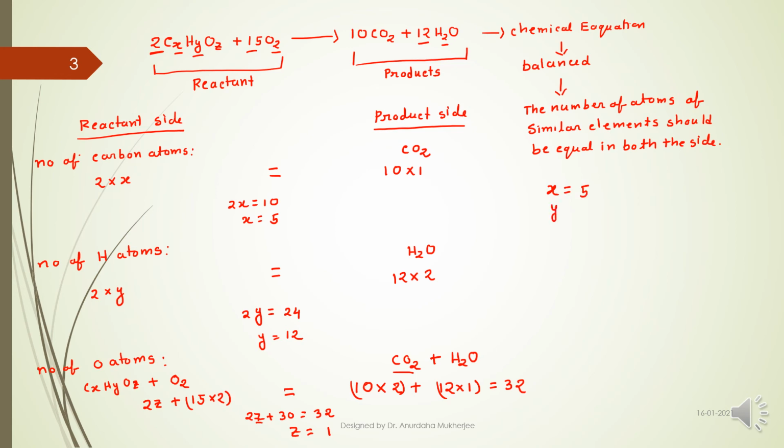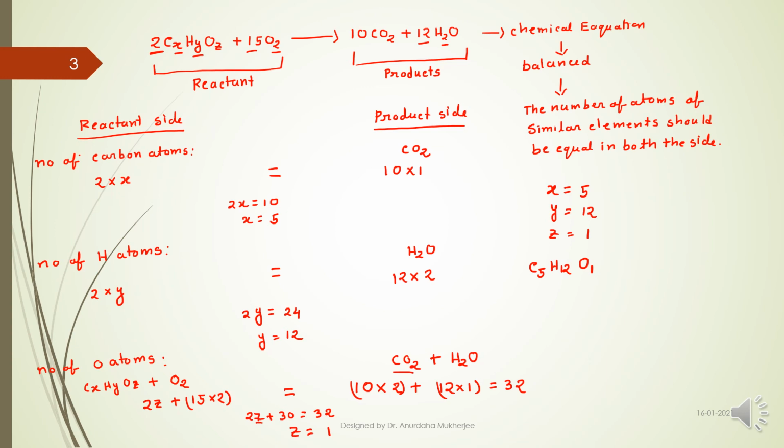So now the value of x is 5, the value of y is 12 and z is 1. Then the formula of CxHyOz is C5H12O1. Usually we don't write the 1 subscript.